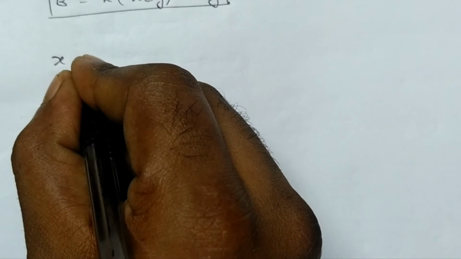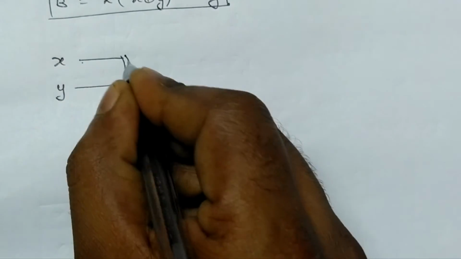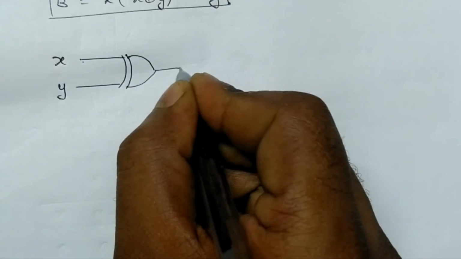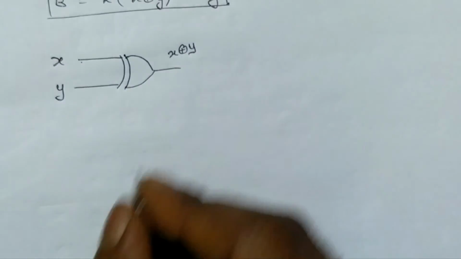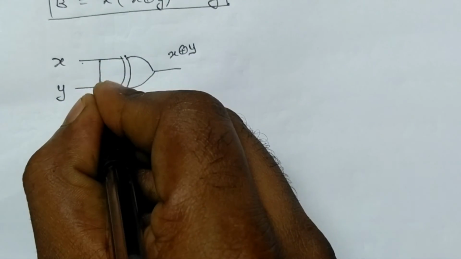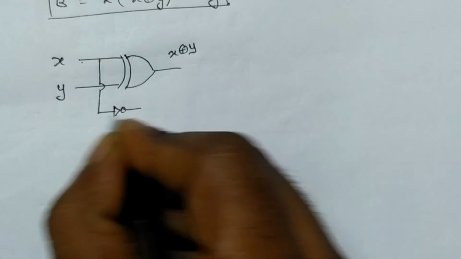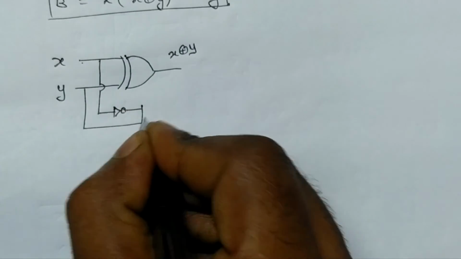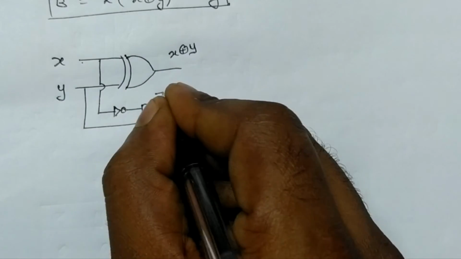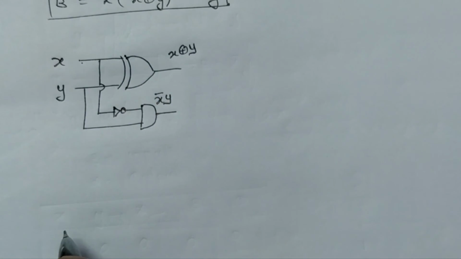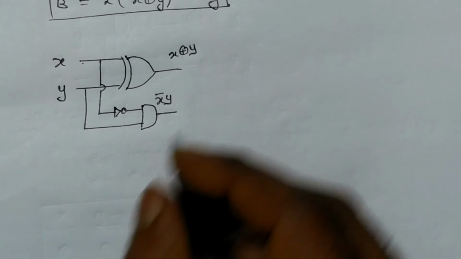Here I am going for first representing x XOR y, then here I am going for a NOT and I am performing AND operation with y, which is nothing but x bar y. So here it's a representation of a half subtractor.